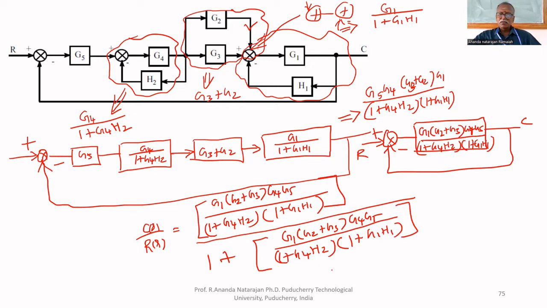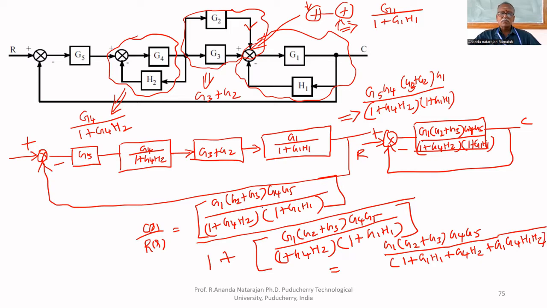If you take LCM, you will get G1, G2 plus G3, G4, G5 upon 1 plus 1 plus G1H1 plus G4H2 plus G1G4H1H2.